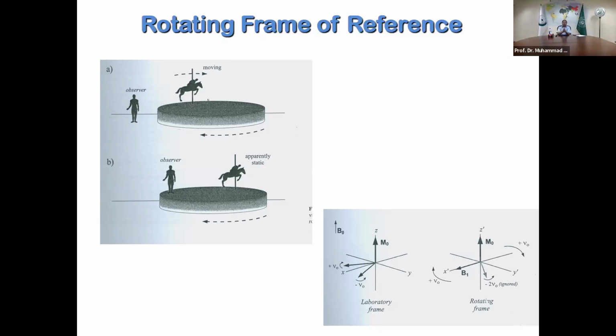Now, Dr. Athiya mentioned that if your detector is fixed on one of the peaks and moving with the same speed, then it is so easy for the detector to see where the other vectors are.